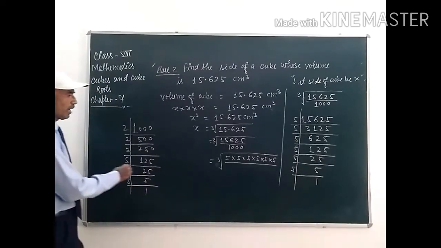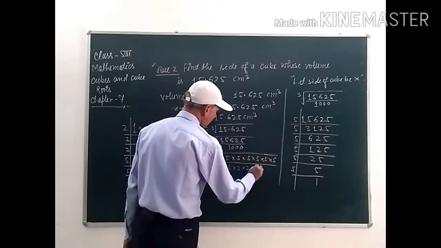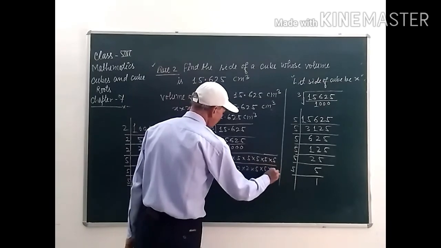Okay student, so the prime factors are 2 into 2 into 2 into 5 into 5 into 5.